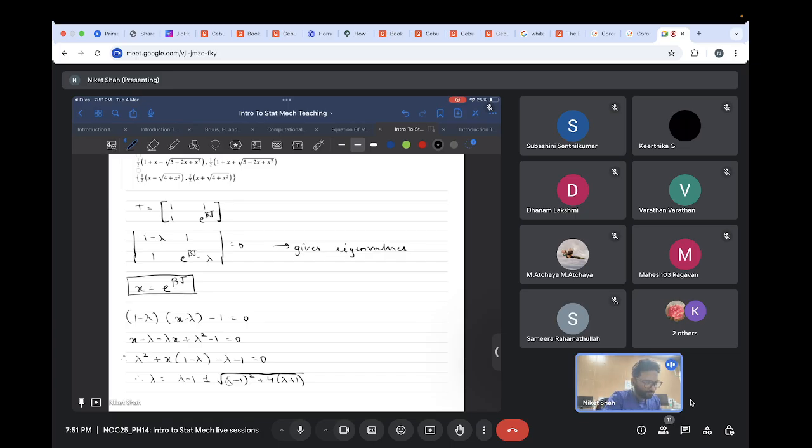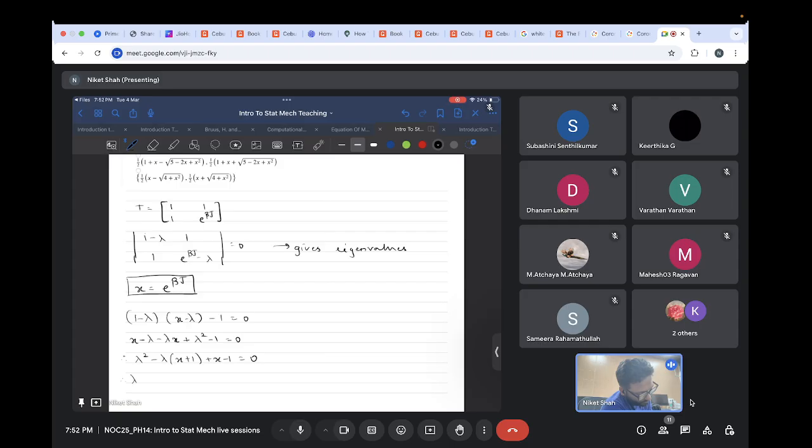Oh wait, that's really bad. What am I doing? I got confused between the terms. Sorry. I have to find lambda, and x is a known constant. So lambda square minus lambda into x plus 1 plus x minus 1 is equal to 0.